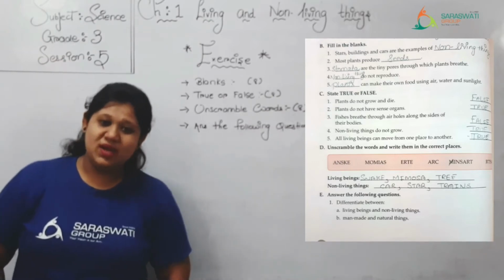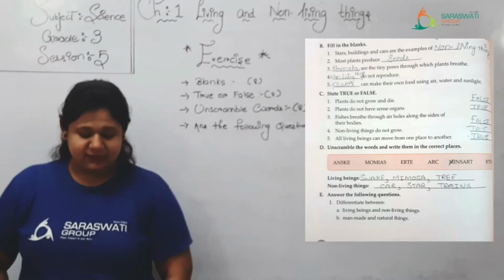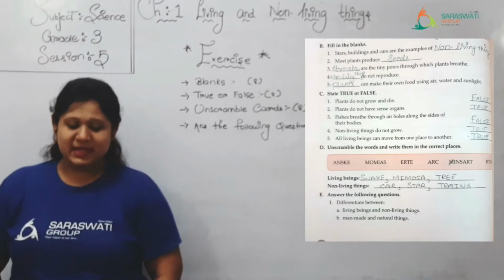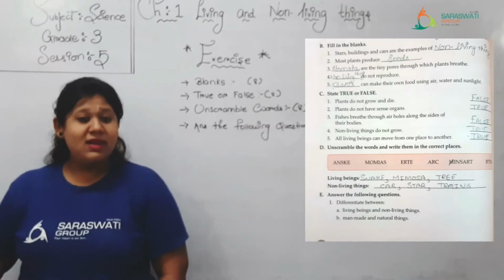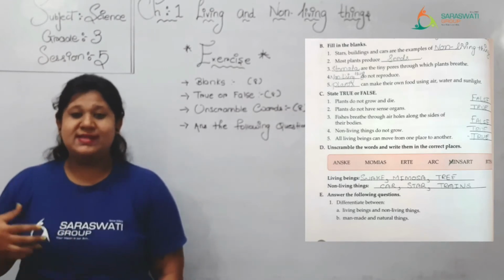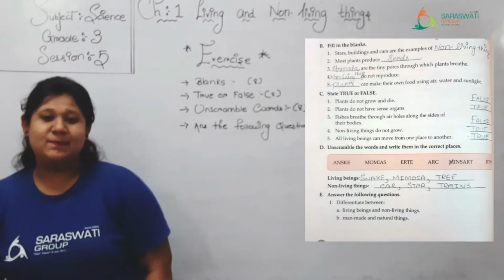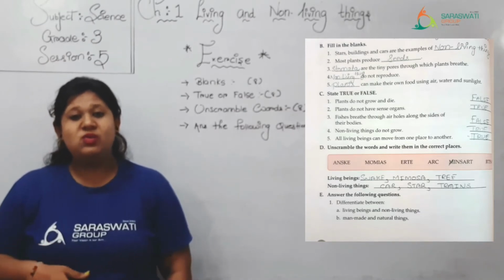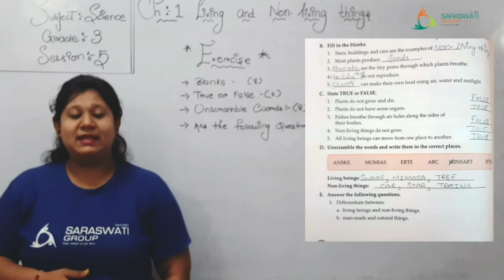And last one. All living beings can move from one place to another. All living beings बोलेंगे. सारे के सारे living beings एक जगह से दूसरी जगह जा सकते हैं? No, plants is also living thing, right?